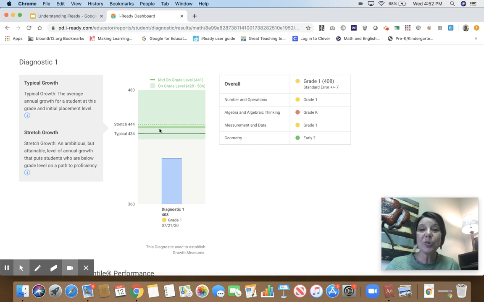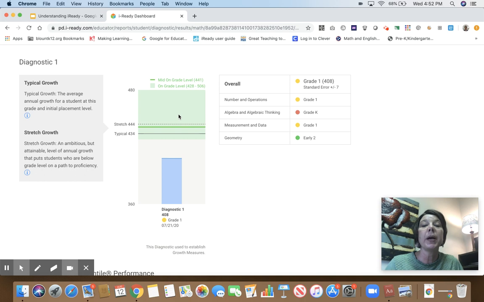And our kids understand iReady. They want to perform well on that, and this is a goal they understand that they want to try to reach. Some of your kids may already be at mid grade level. We want them to continue to grow. And the last thing I want to show you here is this green box. Some of you will see a larger green box. Some of you may see just a little sliver of a green box.